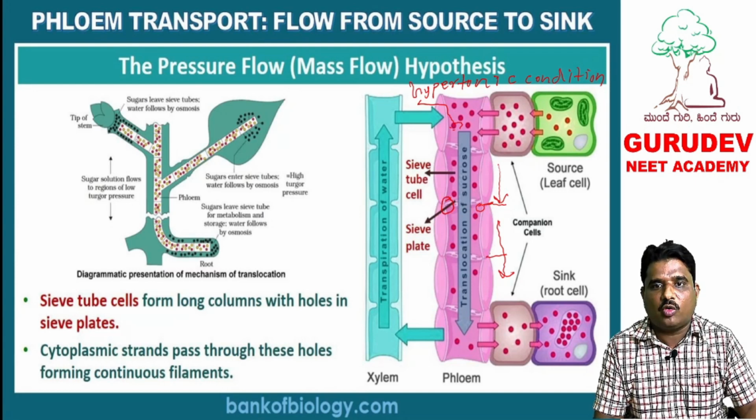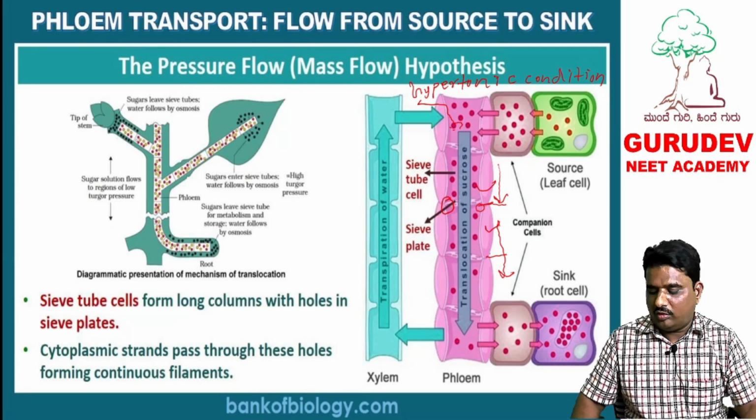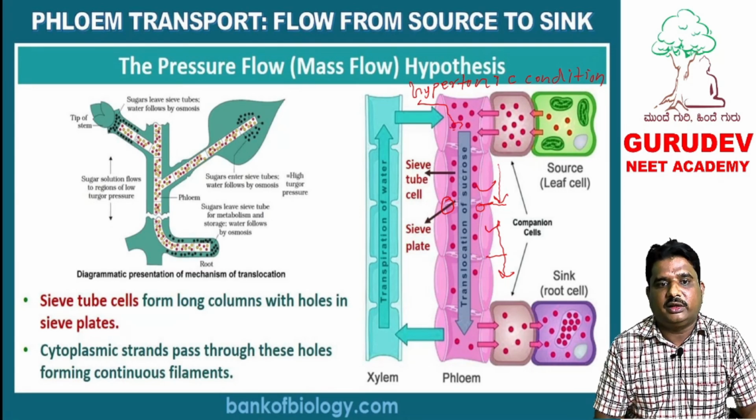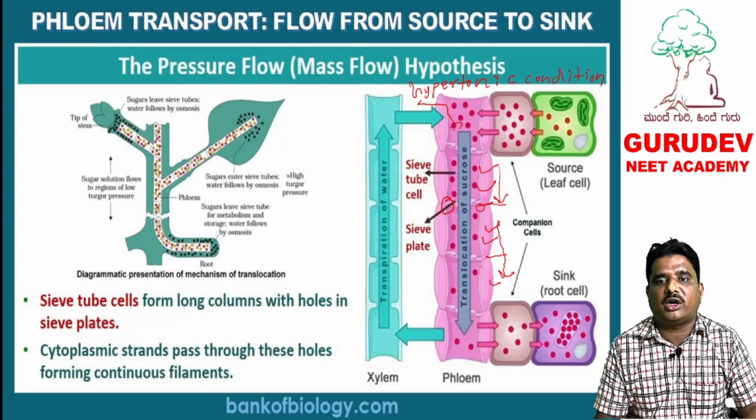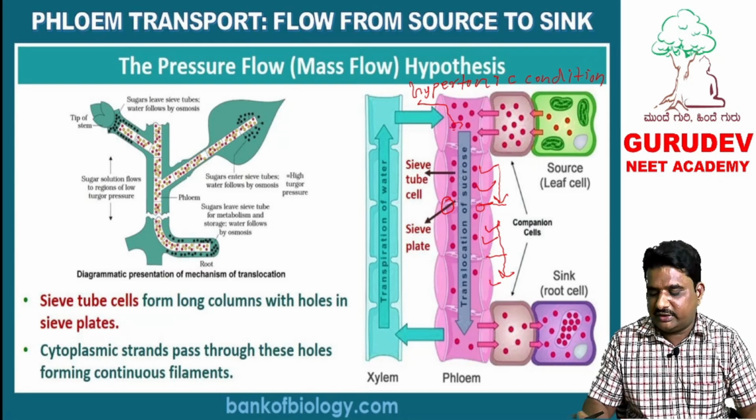Through these small holes, one sieve tube is connected to another sieve tube by cytoplasmic strands. This is one sieve tube, second, third sieve tubes, connected to one another by cytoplasmic strands.